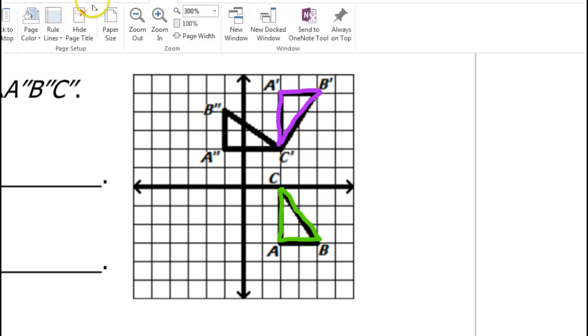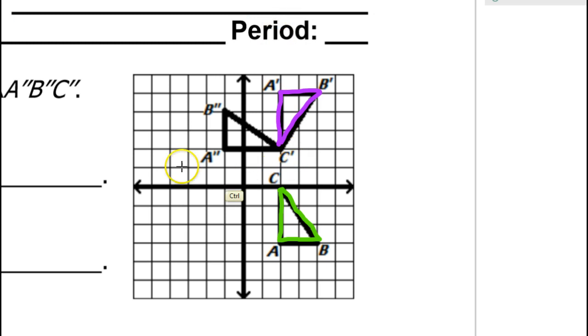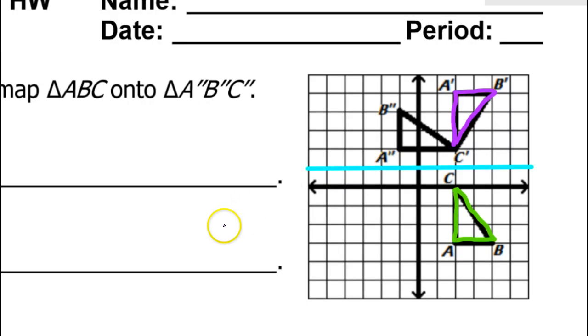Now, what is the axis of symmetry between these 2 triangles? I'm hoping you can see that this horizontal line right here would be the axis of symmetry, so it must be the reflection line. So if we were to reflect over this line, that would map the original triangle onto A prime, B prime, C prime. So that's the first phase of the operation.